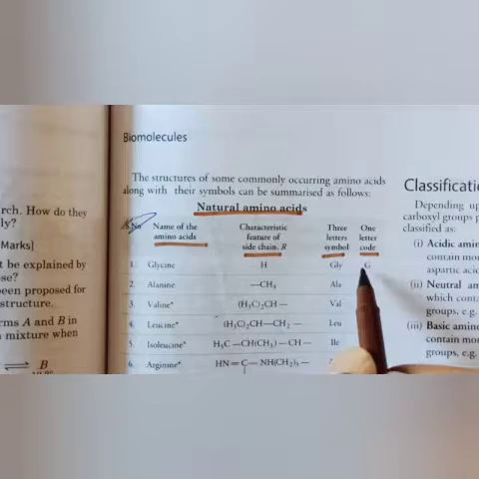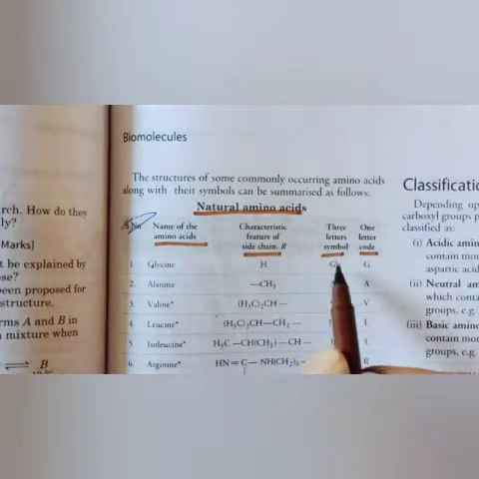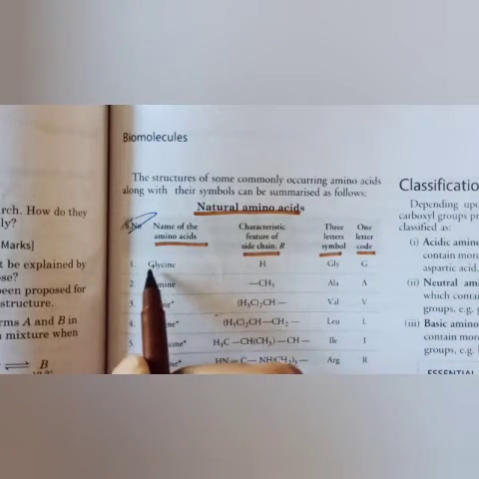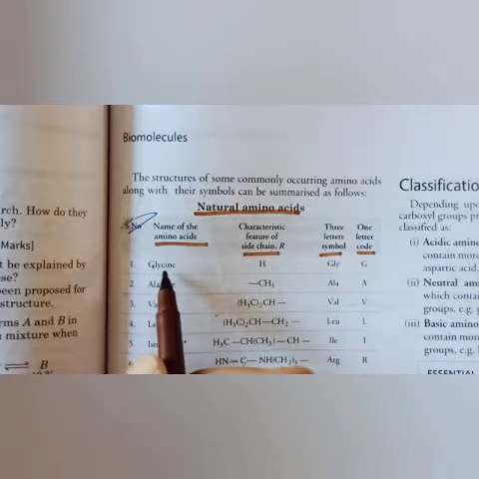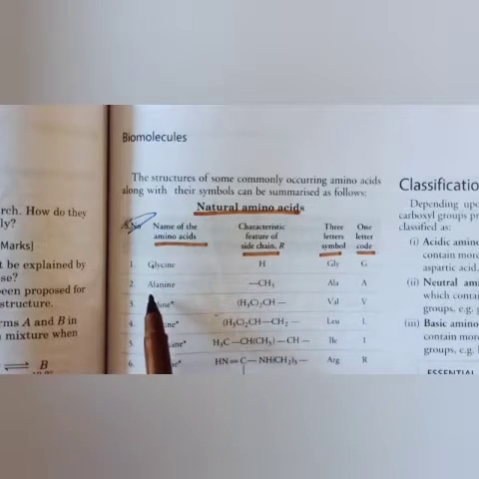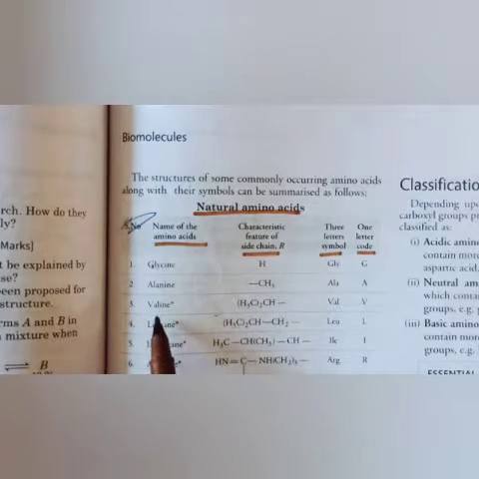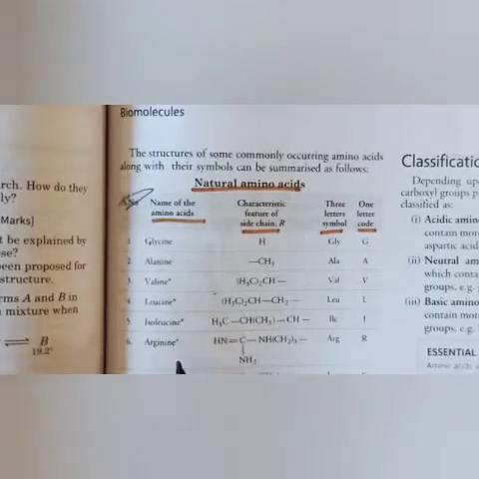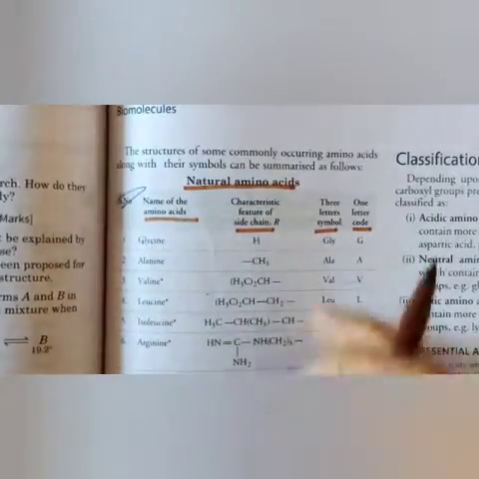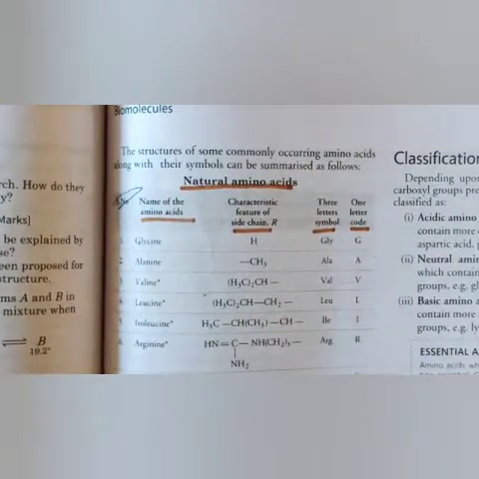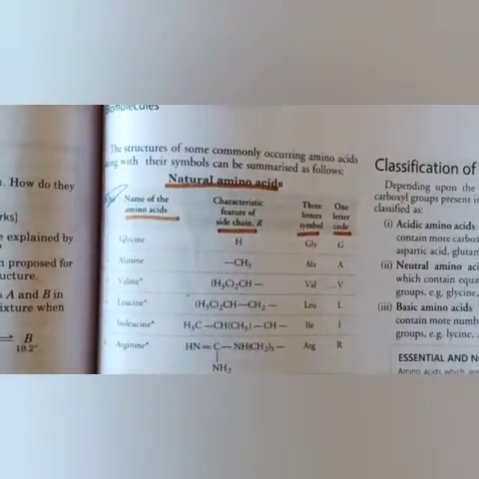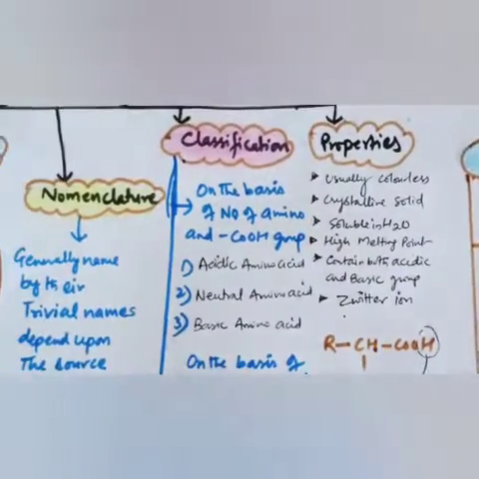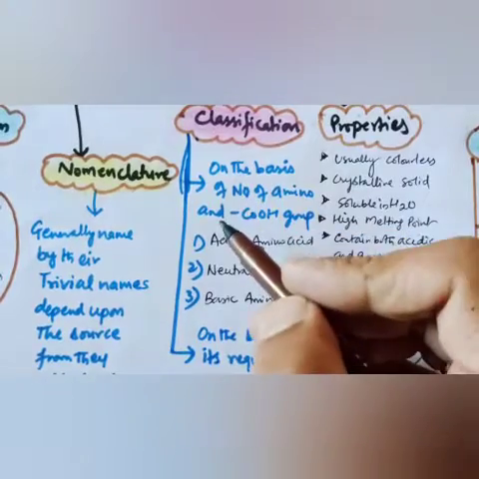Basically the 3-letter code is the first three letters of the amino acid name: glycine, Gly; alanine, Ala; valine, Val; leucine, Leu; isoleucine, Ile; arginine, Arg. So go through this picture and you can easily understand the nomenclature.